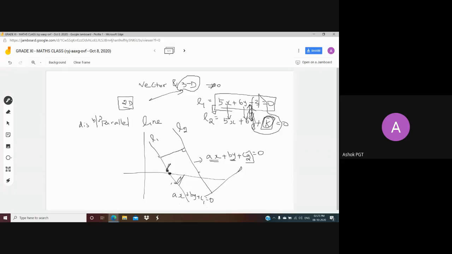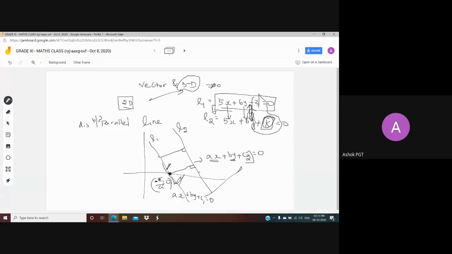Now we are going to apply the concept that we learned previously, that is, the distance from a point to a straight line, but the point lies on this parallel line. If we take the x-intercept, the y-coordinate value will be 0. If we put y as 0, the x-coordinate value will be minus c1 divided by a.